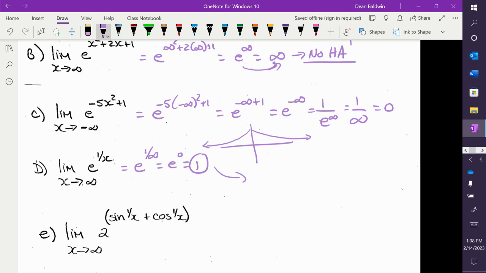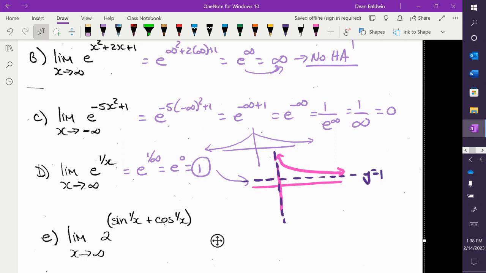Not really, peoples. It looks like this. You have a vertical asymptote at x equals 0 and horizontal at 1. And this side of the graph comes in and ends right there. That's your graph. I will never ask you to sketch that graph.